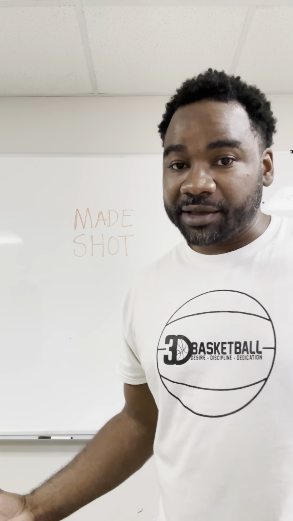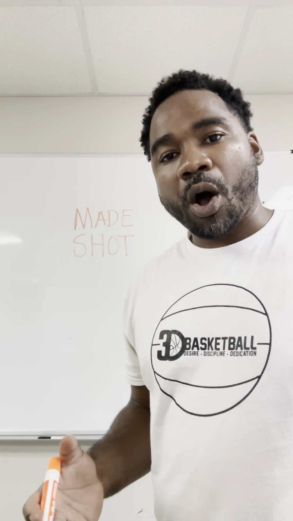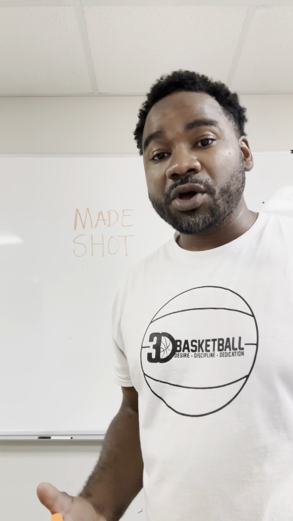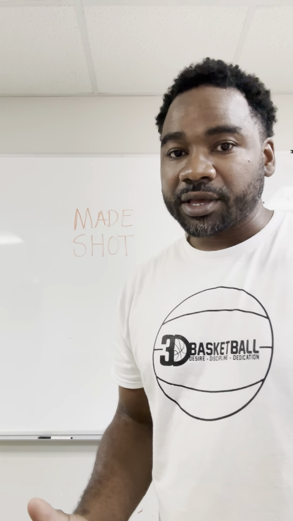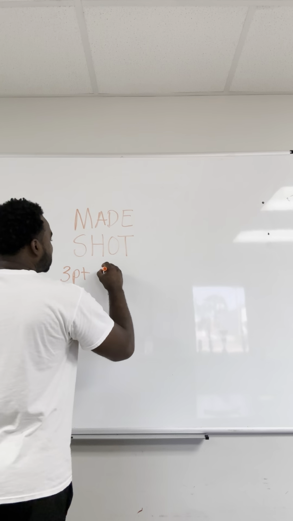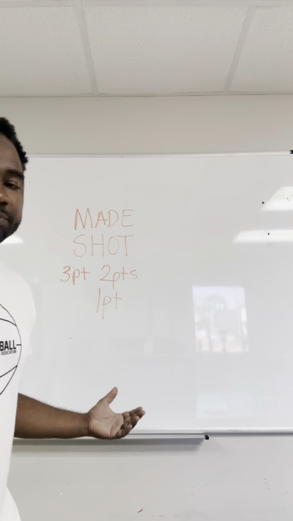Now, how do we keep the score? When you shoot a shot and the ball goes inside the basket, depending on where you are on the court is how you total your points. This is how you keep the score.